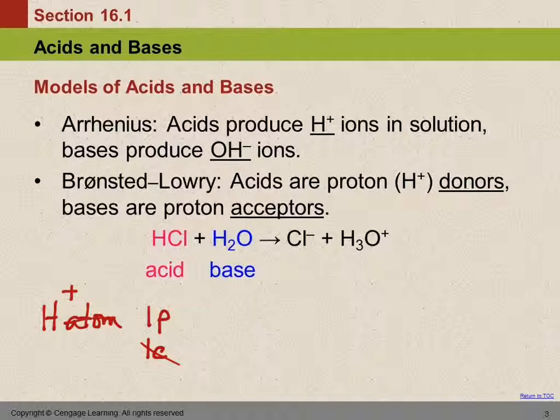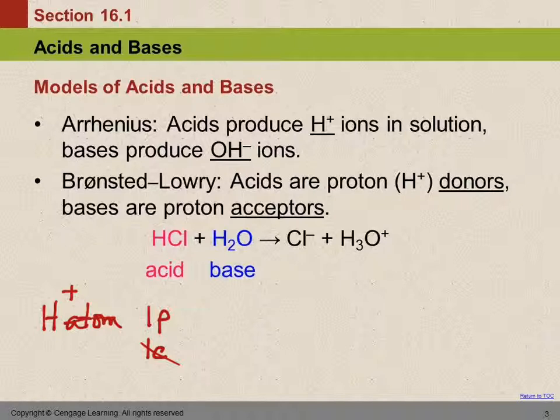Okay? So the Brønsted-Lowry is saying that an acid is a hydrogen ion donor. It will give hydrogen ions to something else. And that a base is a hydrogen ion or a proton acceptor. So for the definition of the acid, the difference is very, very subtle. The difference for the bases is a little more significant.